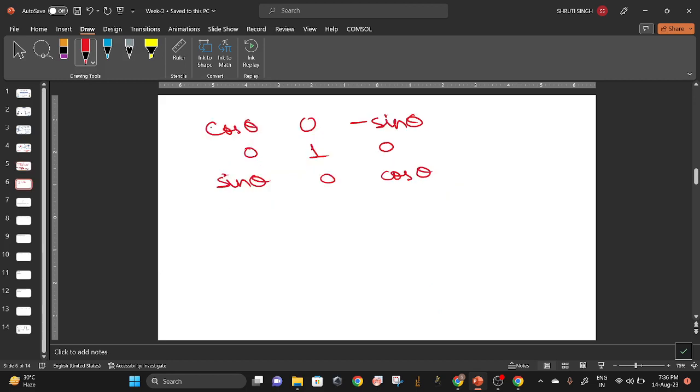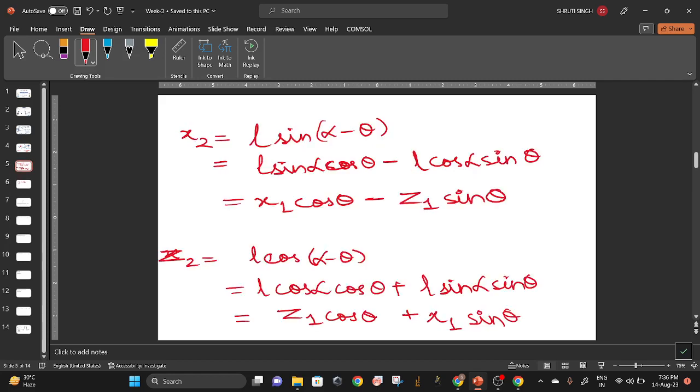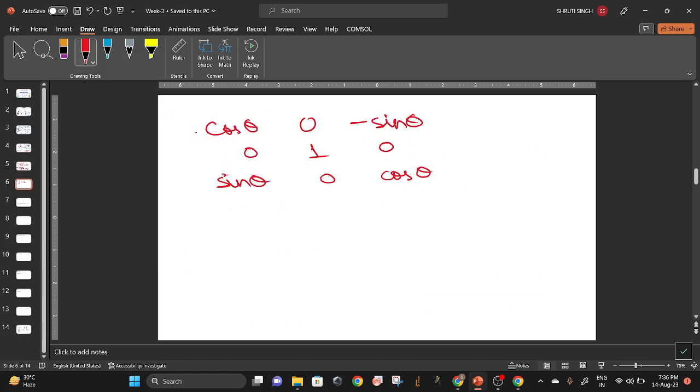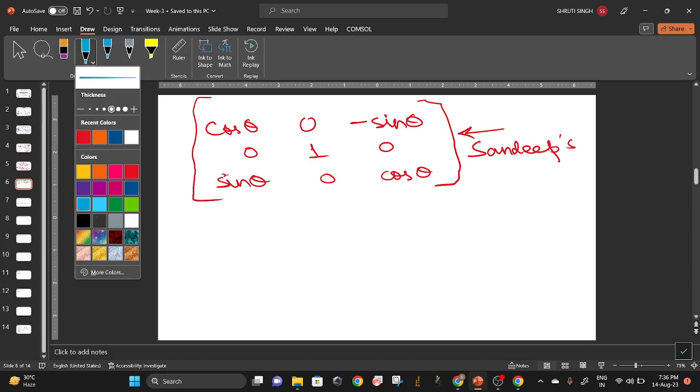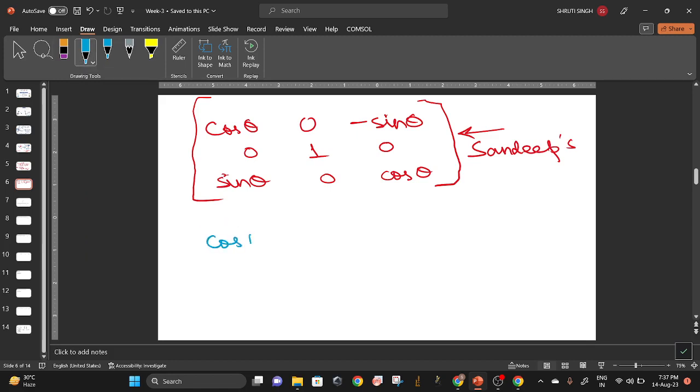Now for this we have got z1 cos theta, x1 sin theta. This we have got according to Sandeep's. Now the one which is given for rotation around z, it will match exactly.